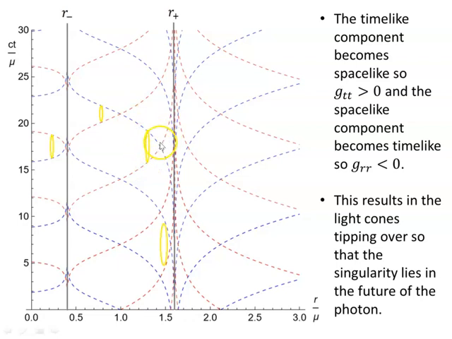You can see between them, the light cone is pointing now towards r equals 0, the singularity. The future of this photon is at the singularity. And the light cones have flipped over. We're moving in towards the singularity. And that's it. Finished with that one.